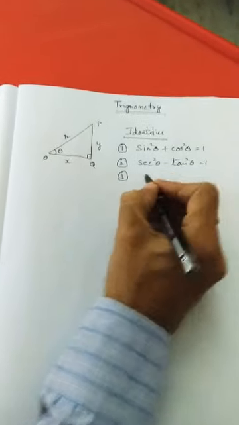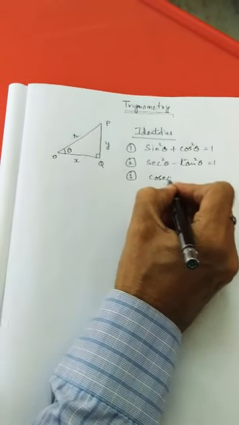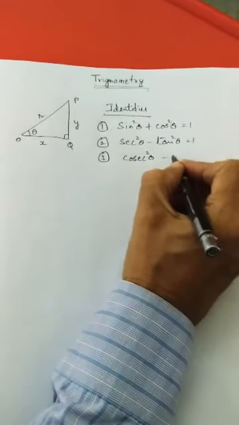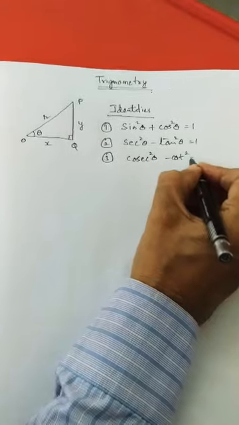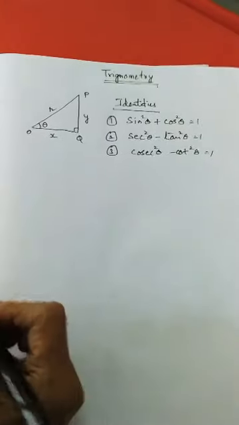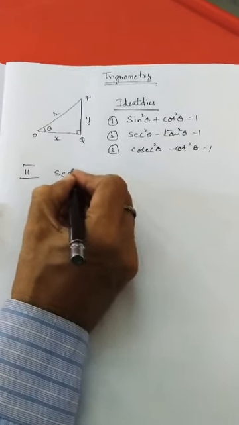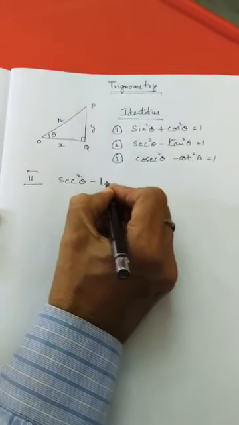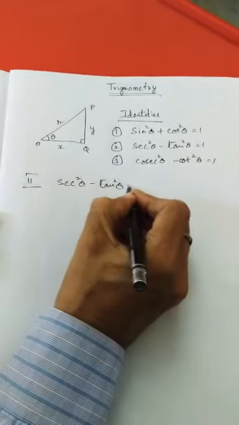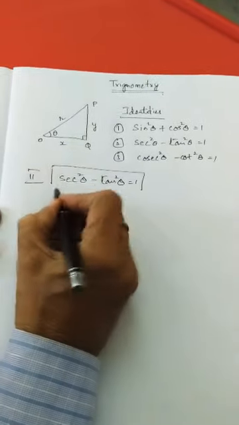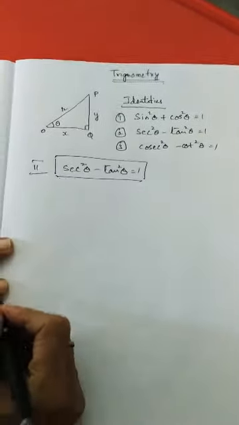And the third identity is cosec square theta minus cot square theta is equal to 1. So we go to the second identity today. We learn secant square theta minus tan square theta is equal to 1. We see how secant square minus tan square is equal to 1.